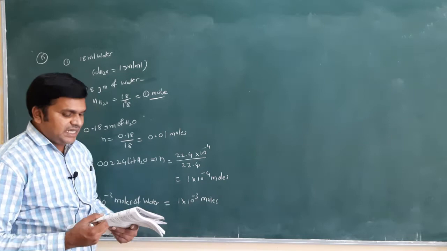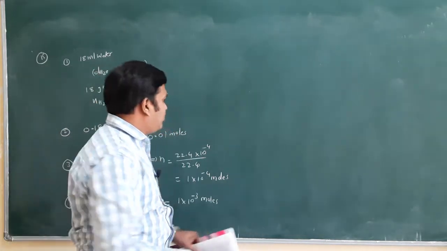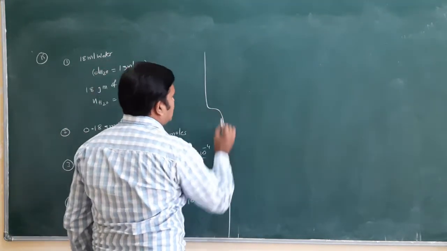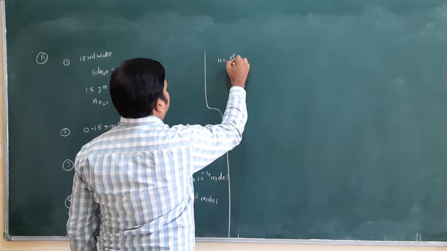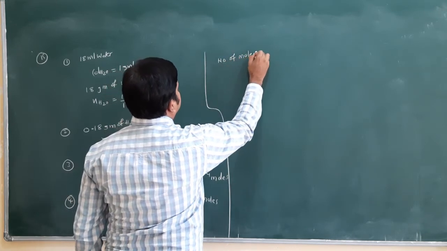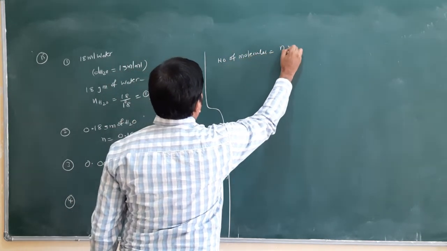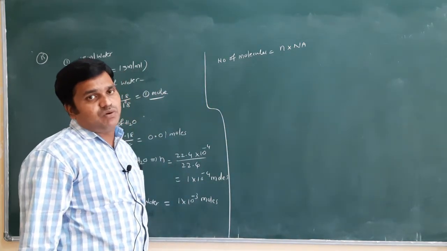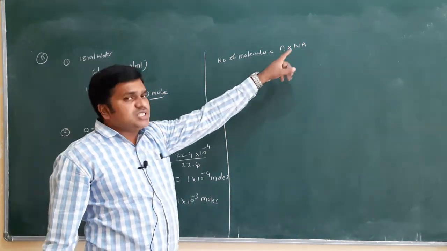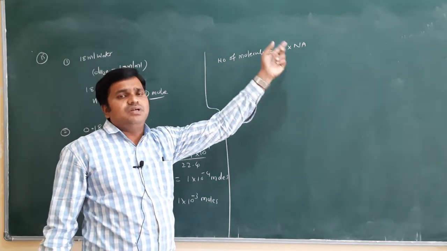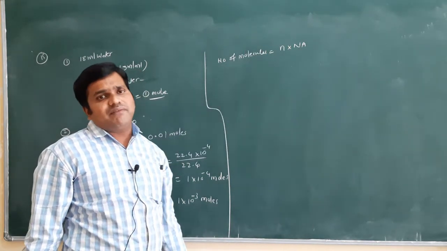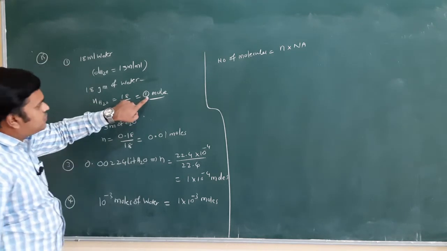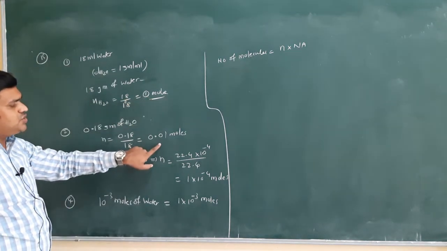So what are they asking here? Number of molecules. What is the formula for the number of molecules? Number of molecules is equal to number of moles into Na. So whichever has the highest number of moles contains the maximum number of molecules. Here how many moles do we have? 1 mole. Here 0.01 mole.